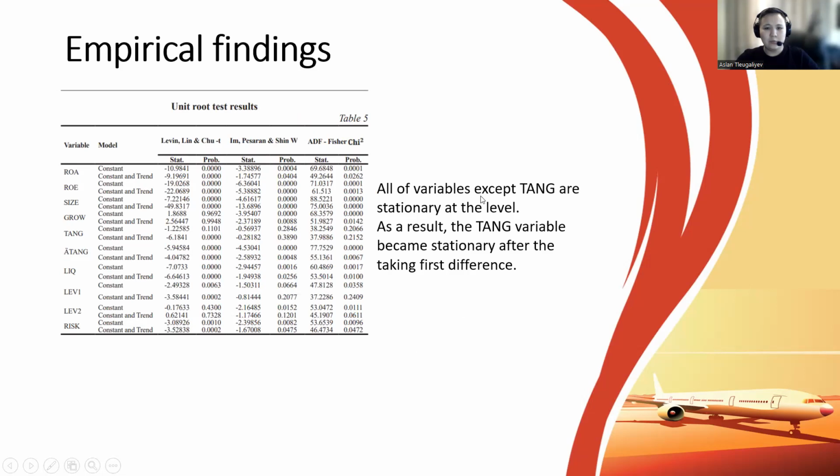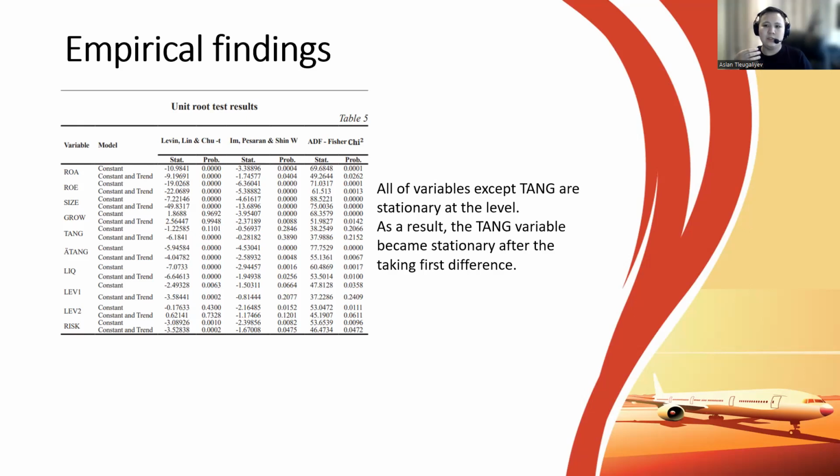Also, each variable should be stationary. What is stationarity? We can say that a variable is stationary if its properties or movement are not affected just by the passage of time.